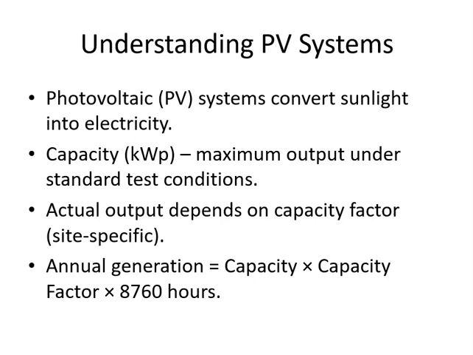Let's start with the basics. A photovoltaic, or PV, is a system that converts sunlight into electricity. The system's capacity, usually in kilowatt peak, or kWp, is its maximum output under ideal test conditions.